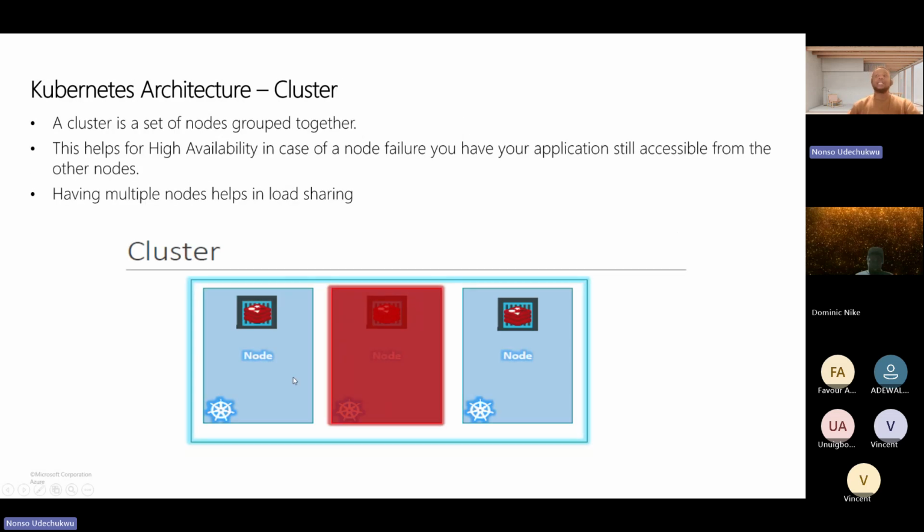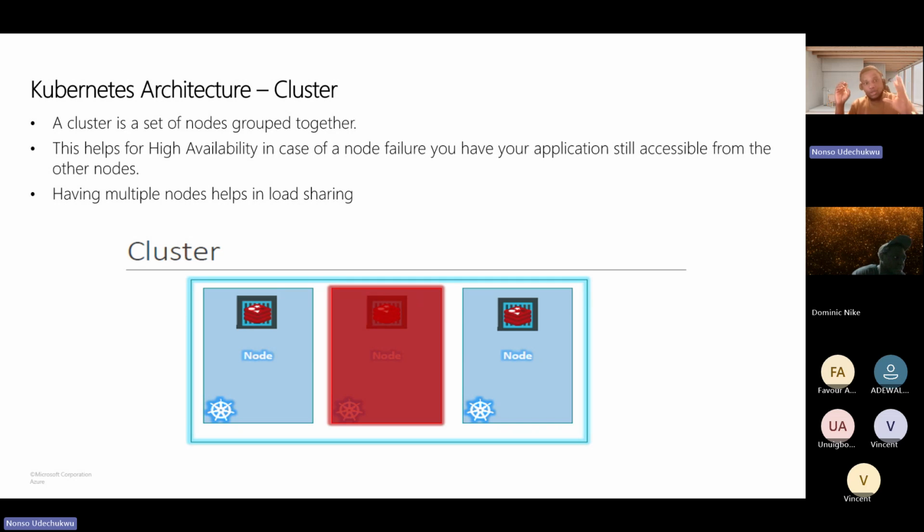The next thing I'm talking about is a cluster. A cluster is a set of nodes together, just like I was explaining a minute ago. It helps in load sharing. When I have node 1, node 2, node 3, it becomes a cluster of nodes. It helps in high availability.